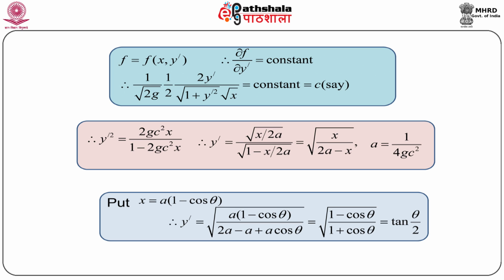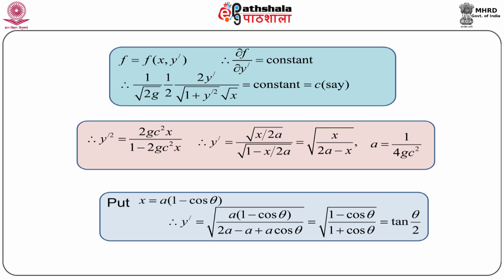Now, y dash, that is d dx of y, can be written as d d theta of y into d dx of theta equal to tan theta by 2. Since d d theta of x equal to a sin theta, since x has been given here, we just calculate the ordinary derivative of x with respect to theta and get it.